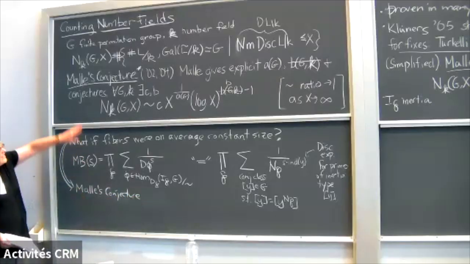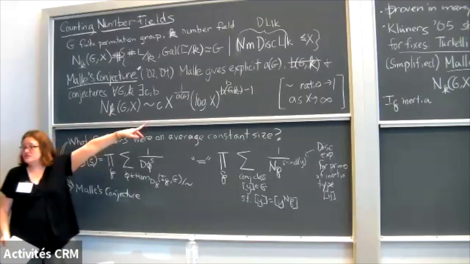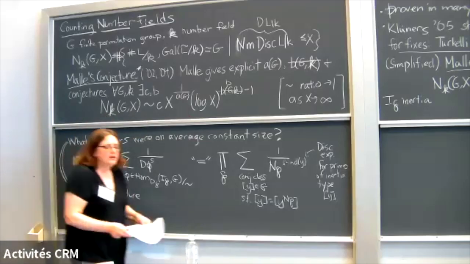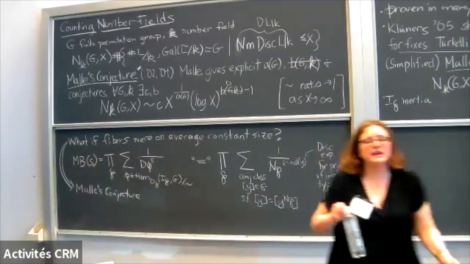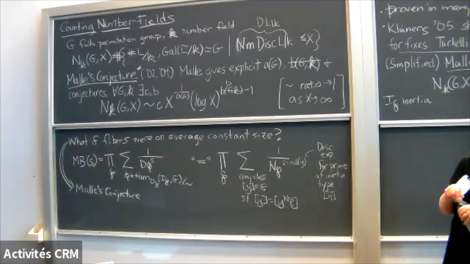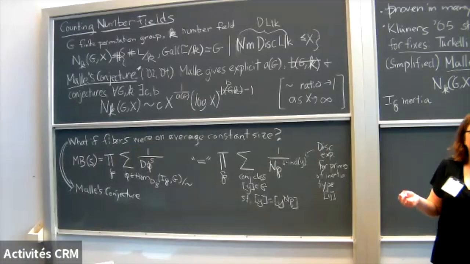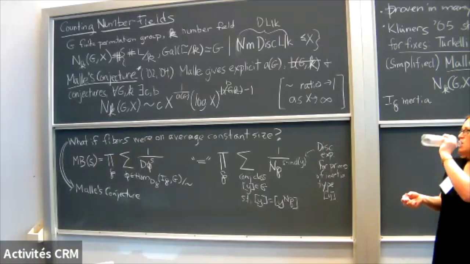In fact, without the star, the original Malle's conjecture with the A and the B. So that's another way of thinking about where the A and the B come from, very closely related to how Malle came up with them in his original conjecture.